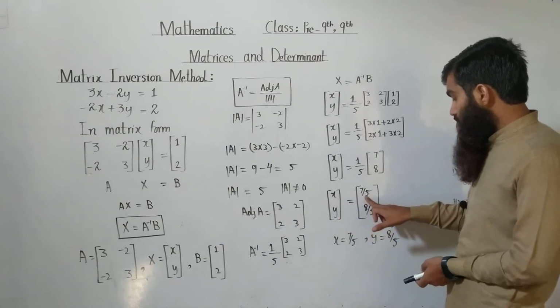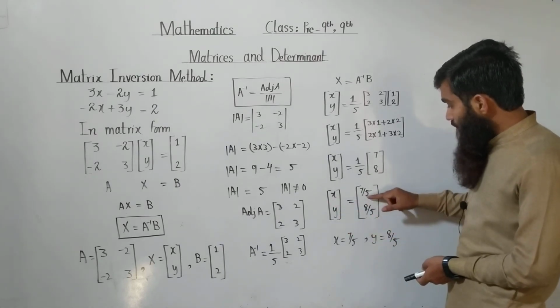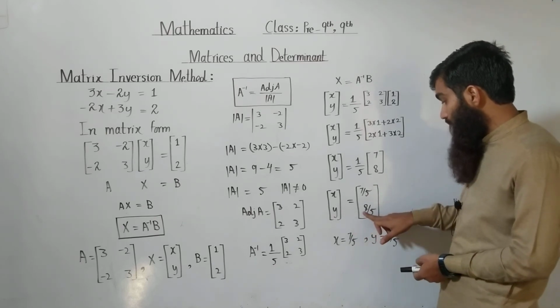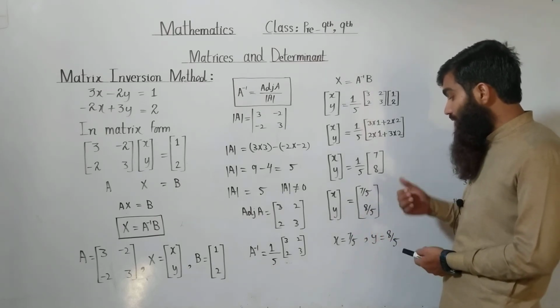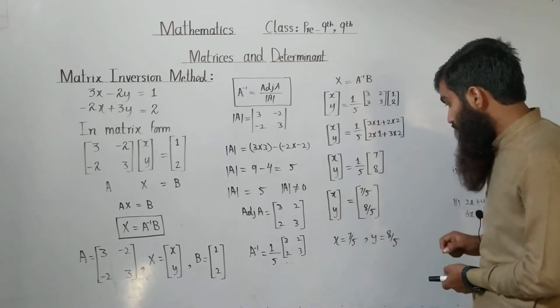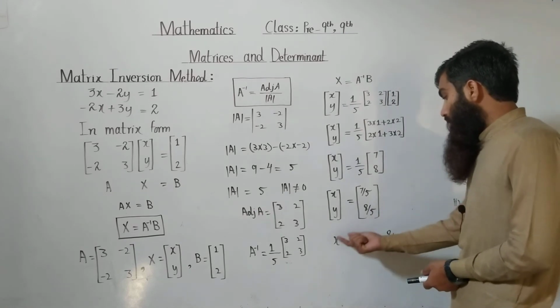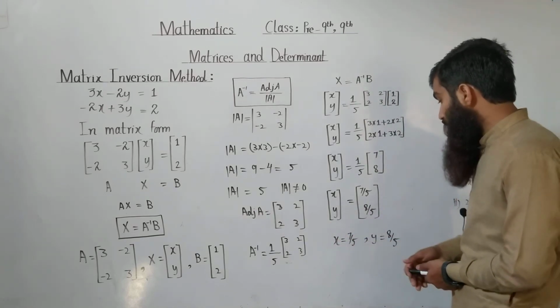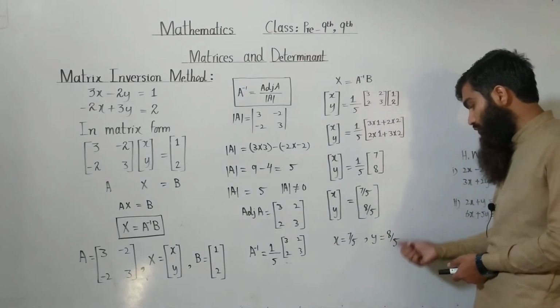For X, the first element we will consider as the answer, and the second element, or you can say entry, we will consider the answer of Y. The X answer comes equal to 7/5 and the y answer comes equal to 8/5.